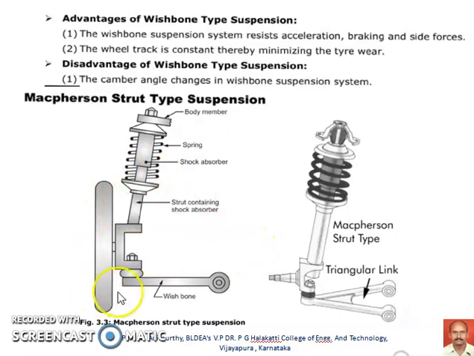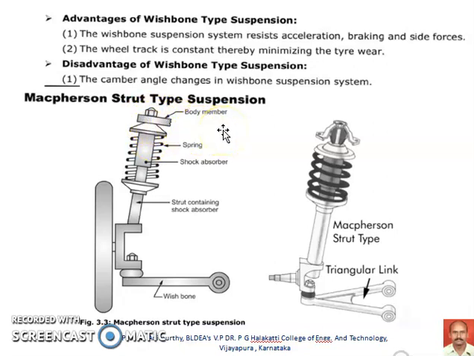When you observe here, this is the wishbone corresponding to this triangular link, this is the stub axle, and this is the spindle of the stub axle over which the wheel is mounted. On the upper side of this stub axle, the shock absorber or strut is provided, and the upper end of this strut is communicating with the body member.